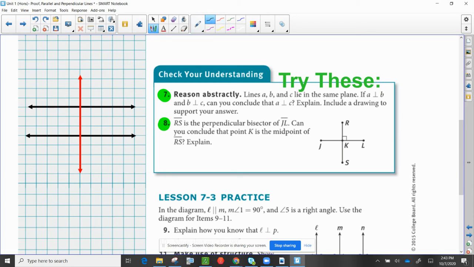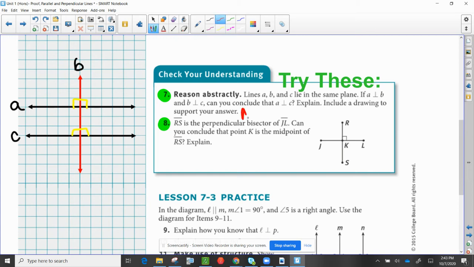They told us that line A is perpendicular to B, and line C is perpendicular to B. So if it's perpendicular, again, we know that these are right angles here. So they want us to ask, can we conclude that A is perpendicular to C then? From this picture I drew, if A is perpendicular to B and B is perpendicular to C, can we say that A is perpendicular to C?